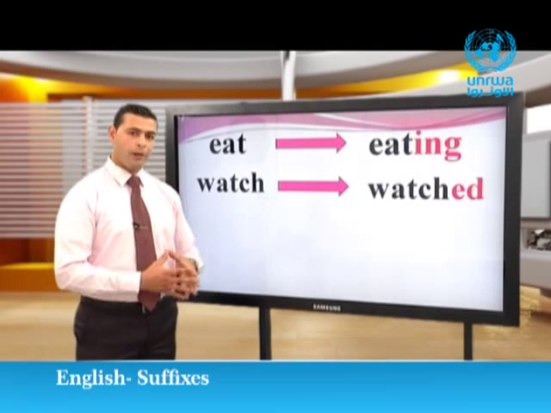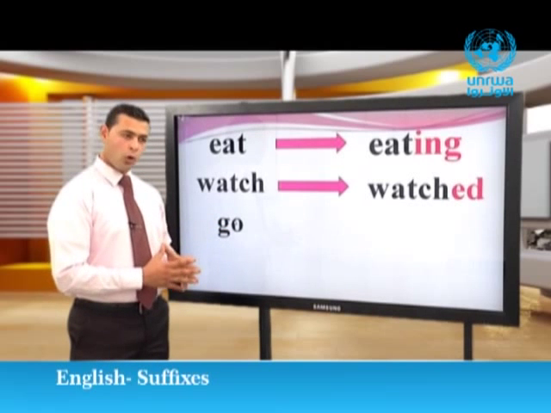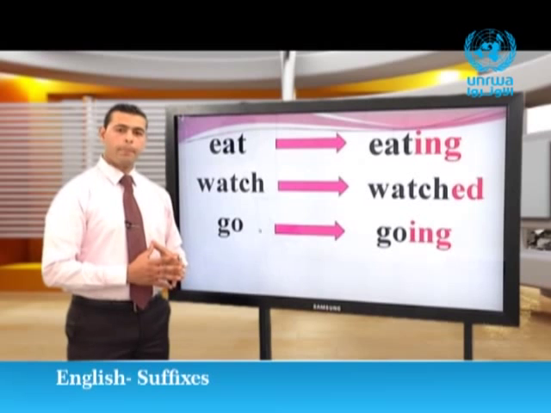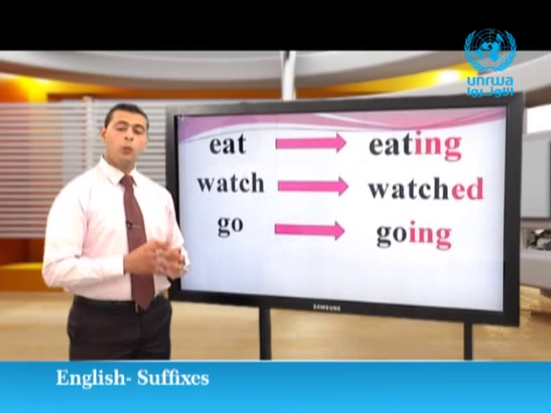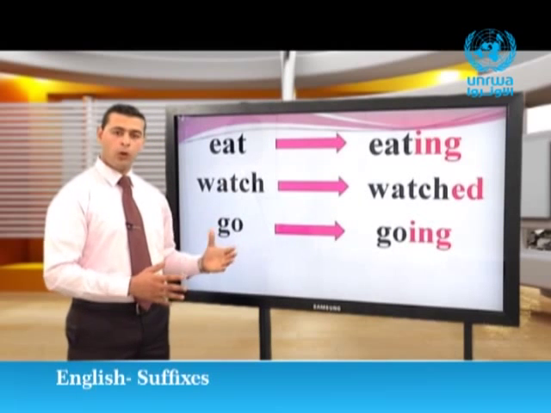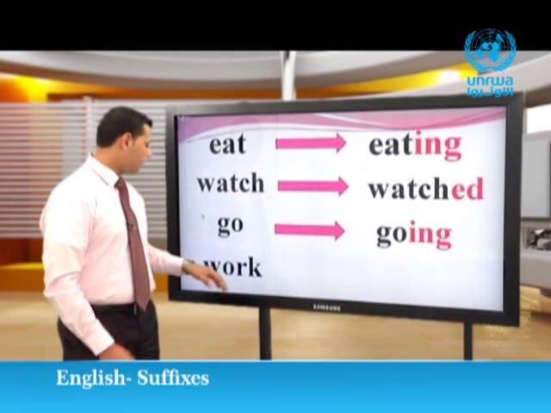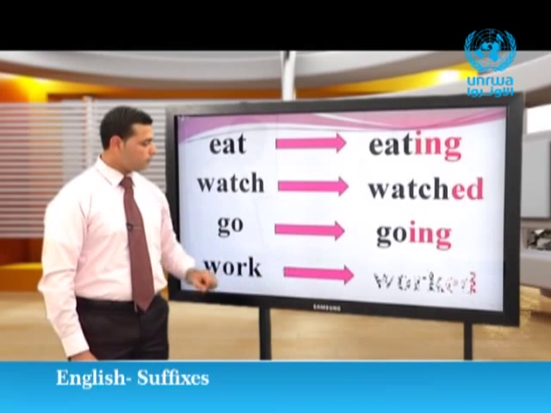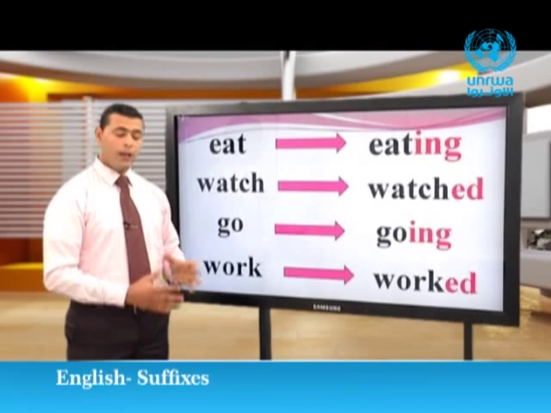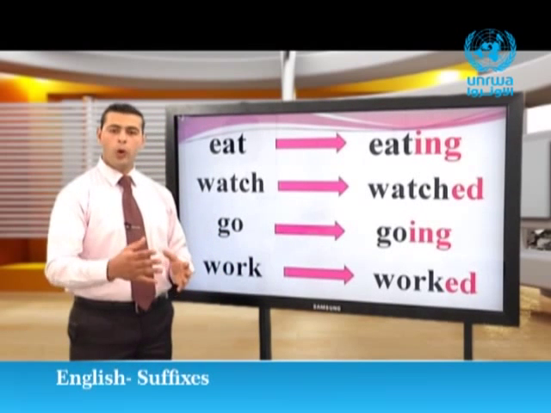It's also a verb. Go. The verb go. Here we have going. We added the group of letters ing to the end of the verb go to have a new word which is going. The last one, work. Here we have worked. In this verb, we added the suffix ed to have a new word.